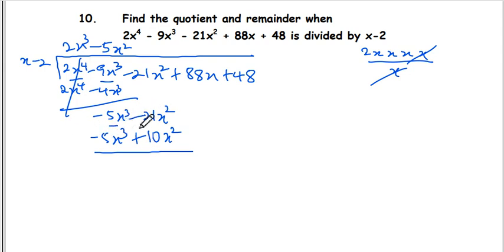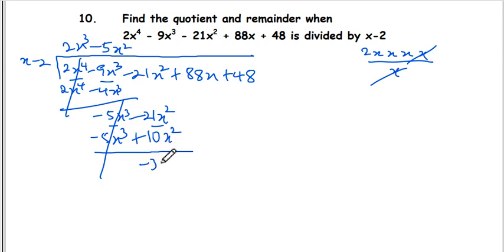So you subtract now. This cancels out, right? Minus 21x squared minus 10x squared, that's minus 31x squared.